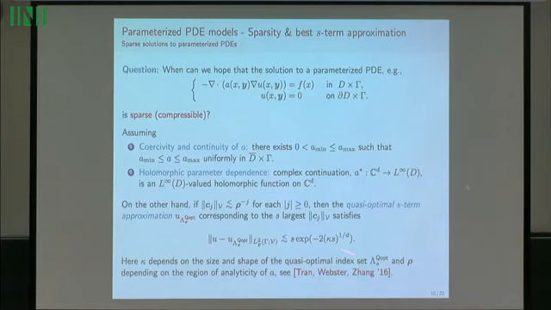This power here of 1 over d is also typically referred to as another contributing factor of the curse of dimensionality, because it shows up explicitly in the convergence rate of these approximations. And here kappa also depends on the size and shape of this quasi-optimal index set lambda S, and rho is dependent on the region of analyticity of my coefficient A.